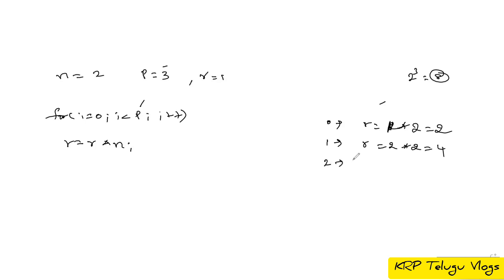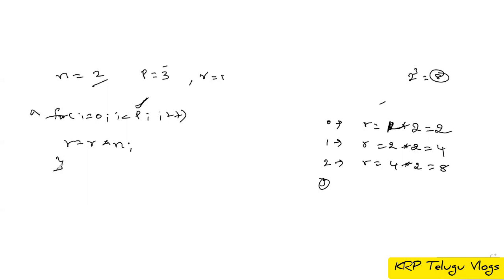So 2 is less than 3. This is true. So r is equal to r into n. r value is 4 into n value is how much? What is n? 2. So 4 into 2 is 8. So now i value will become 3. So 3 less than 3 is false. It will break the loop. Is that clear? Yes, sir.